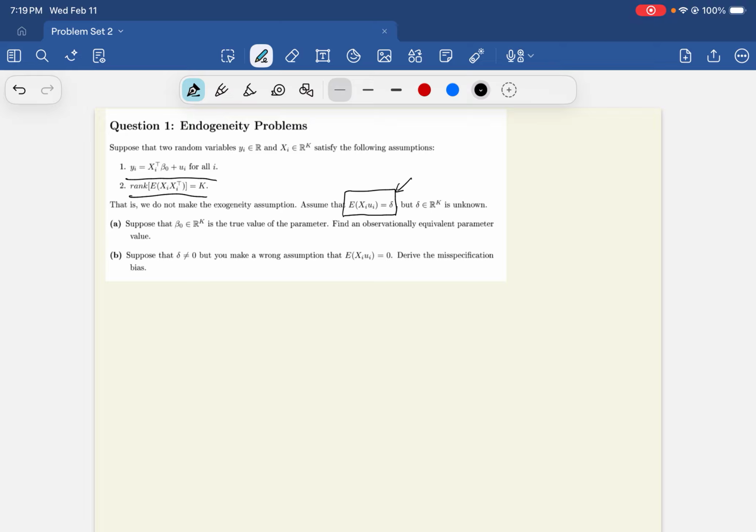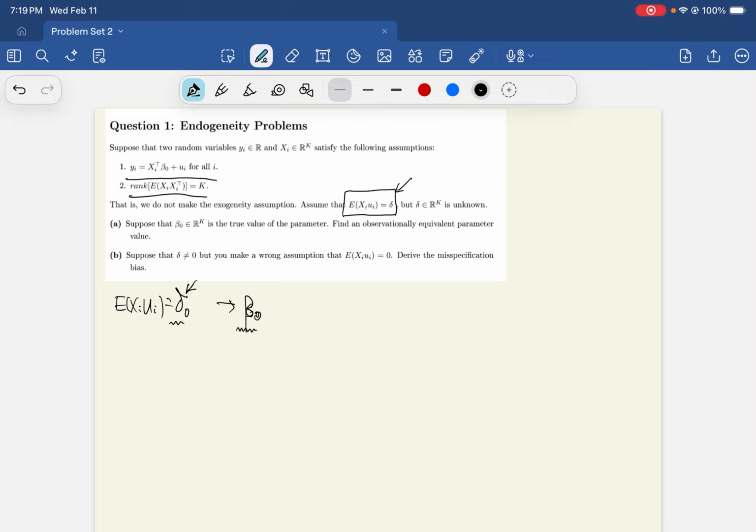So here, the idea is if the covariance is delta, say delta 0, that is the true covariance, then beta will be the corresponding parameter. So that means if you knew the value of delta, then you would be able to identify beta.